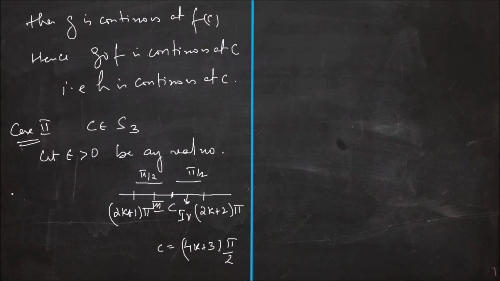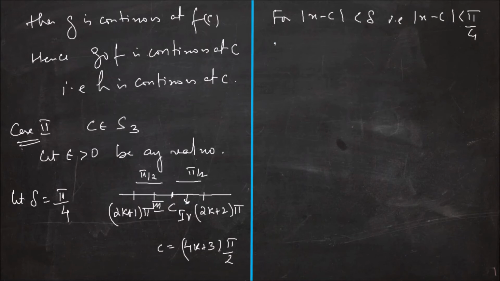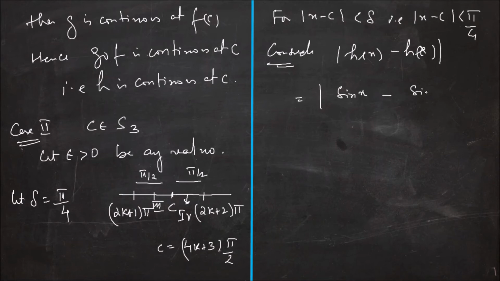So let delta be equal to π/4. I am taking delta equal to half of this distance, which is π/2. So x will lie in the third or fourth quadrant. For |x - c| < delta, that is |x - c| < π/4, consider |h(x) - h(c)|, which is equal to |[sin x] - [sin c]|.